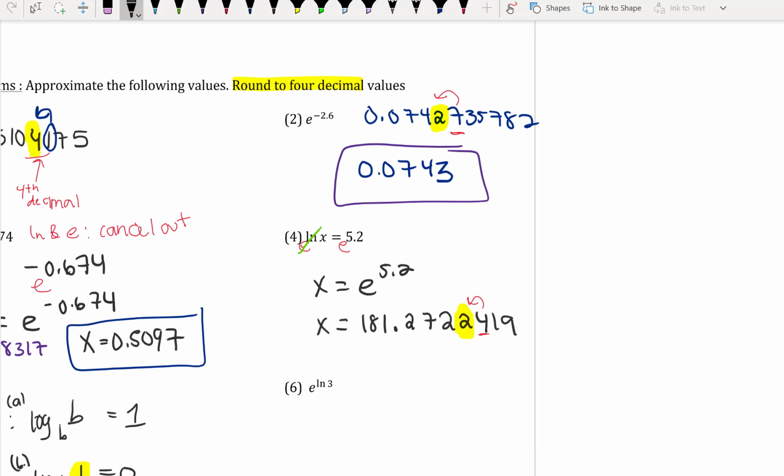So we're looking at that 4th digit, which is that 2, and that 4 tells us to leave it alone. So I'm going to have as my final answer that x is equal to 181.2722 as the final answer.